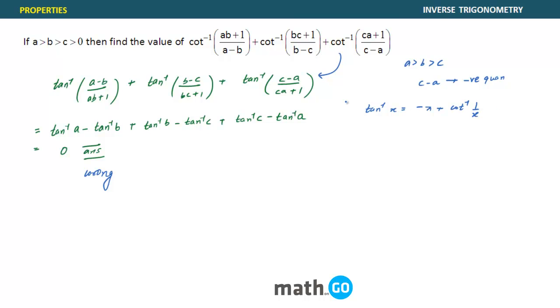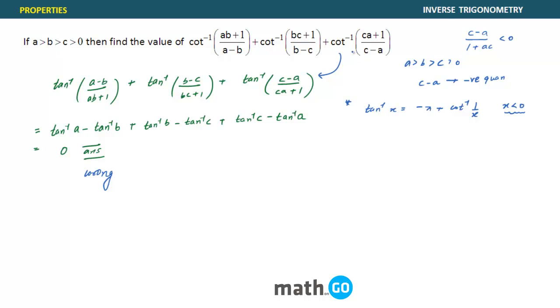Remember, this is the property that we did. This is the property when x was less than 0. So here, since c minus a is negative, (c minus a)/(1 plus ac) will also be negative because a and c are both positive, right? This is given here. So this property has to be used here.